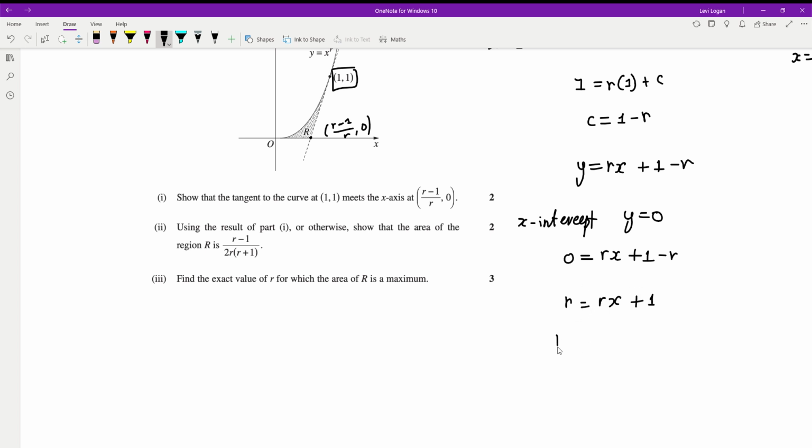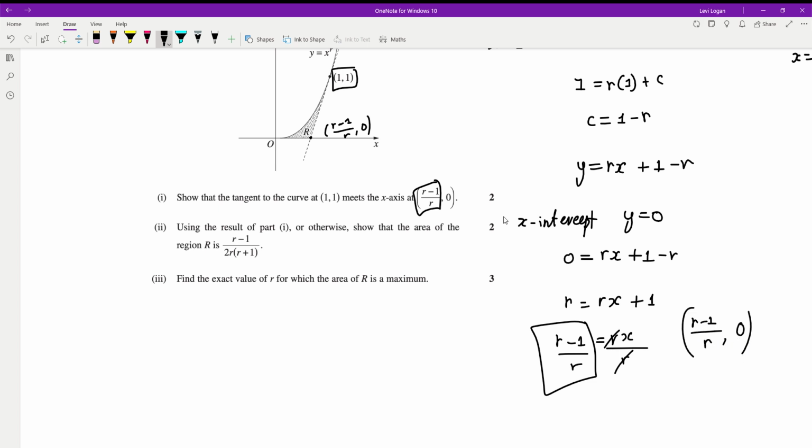Move the 1 across as well, so r minus 1 equals rx. Then finally divide by r. And we can see we've matched our x coordinate straight away. So the coordinate of the x-intercept is indeed (r minus 1) over r, comma 0, because we substituted that y coordinate and it showed the first statement. So boom, you got 2 marks there.